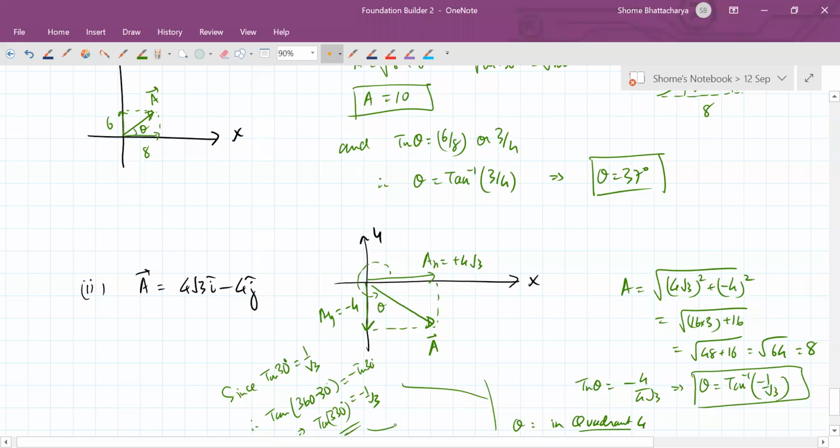So that is why my theta is 330 degrees, because it's in quadrant 4. Okay, now that is the same thing as saying that it is minus of 30 degrees. This is minus of 30 degrees is the same thing as it's saying that it's plus of 360.